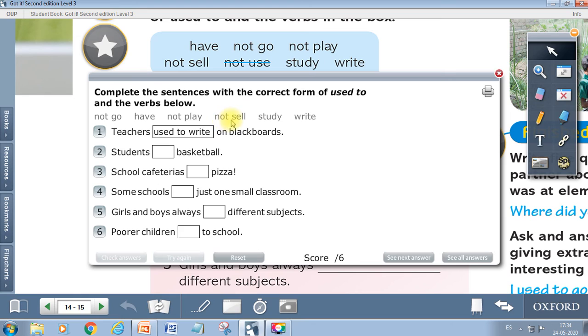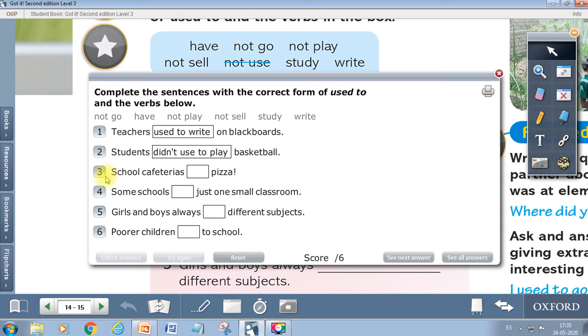What action do we have here? Study, not sell, not play, have, not go. With basketball, I think the best is this one. So we have to do it in a negative way. Didn't used to play basketball.